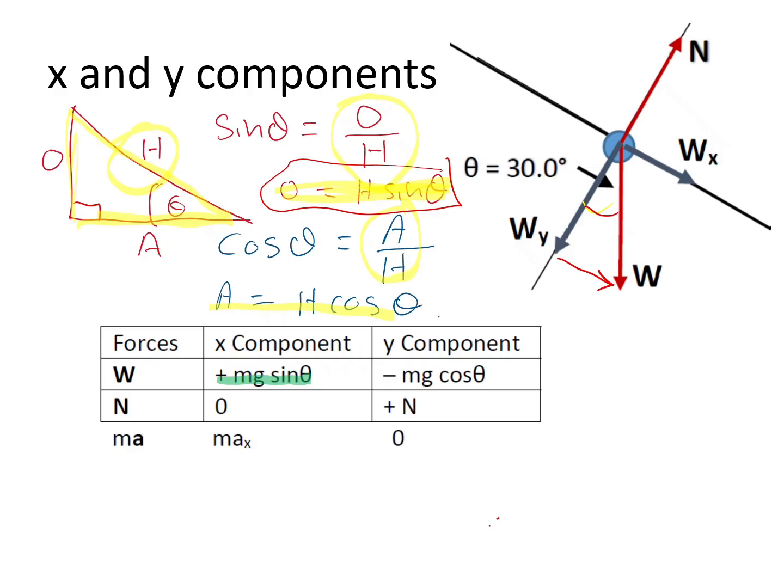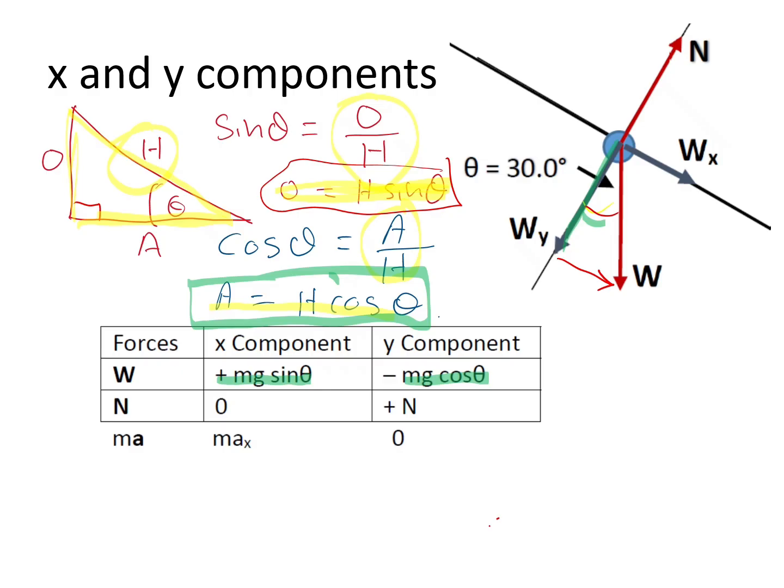And then the y component of the weight force is mg cosine theta, because this y component is adjacent to our angle theta. So adjacent is equal to mg cosine theta. So the y component is given by mg cosine theta.